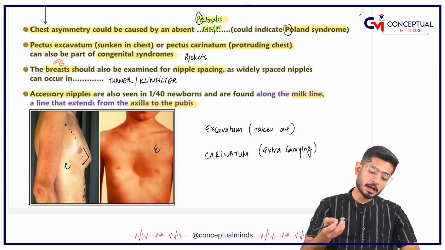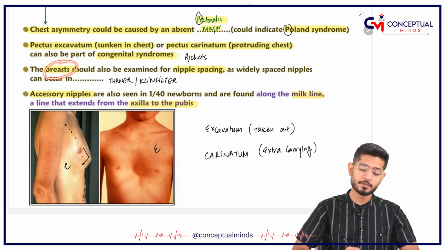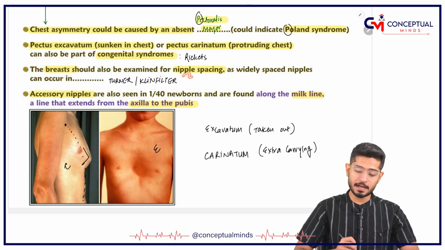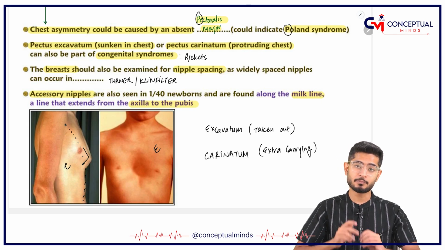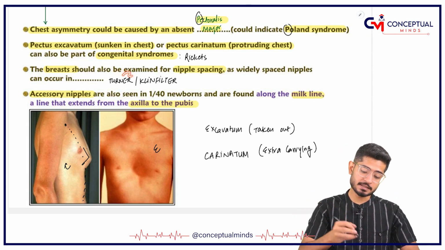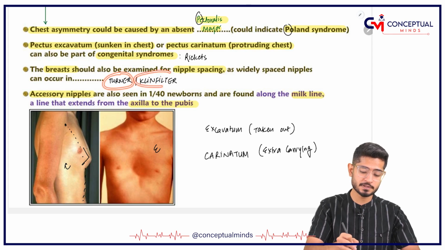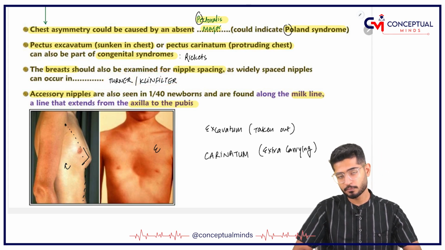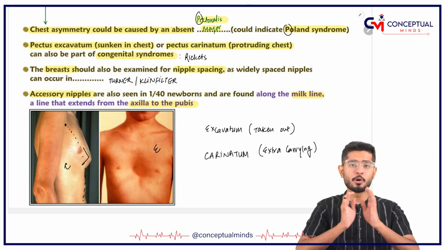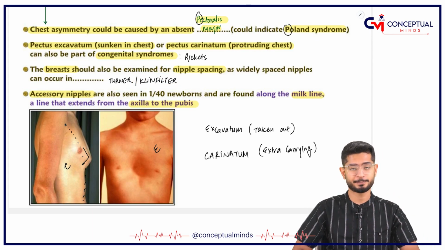What else? The other thing is the breast. The breast should be examined for nipple spacing. If the nipples are widely placed, this is a feature of Turner syndrome. This is a feature of Klinefelter syndrome. Mostly Turner has widely spaced nipples.